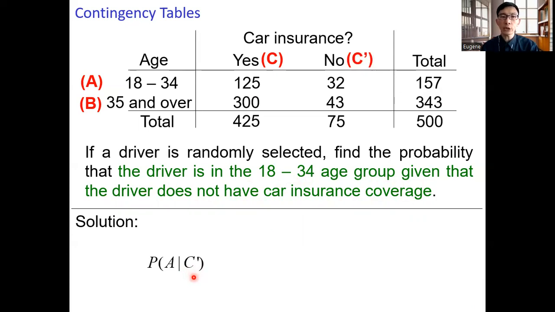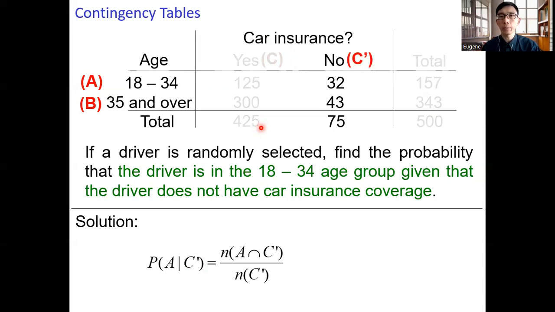We are given that the driver does not have car insurance coverage. So the drivers that have car insurance are not relevant in our calculation. The drivers that do not have car insurance are the reduced sample space. And from this reduced sample space, we want to find the probability that the driver is in the 18 to 34 age group.